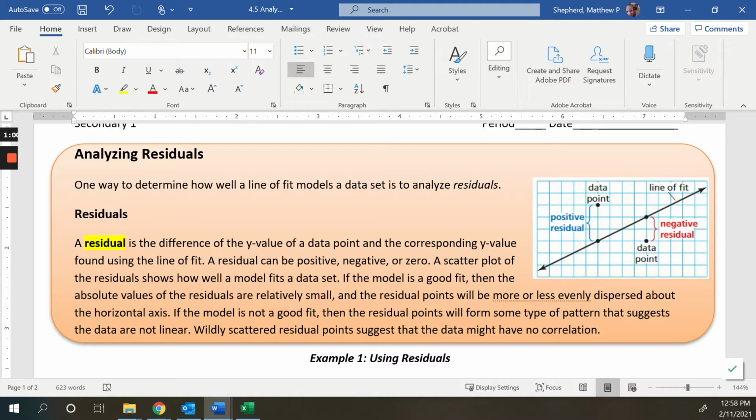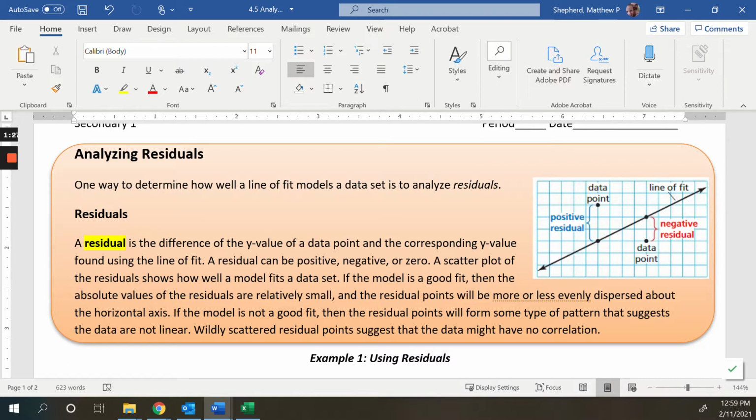Now, as we begin creating these trend lines, if we make a graph of the residuals, what we're looking for is that the residuals seem to be scattered and don't seem to have a pattern to them. If our residuals do seem to be scattered and don't seem to have a pattern, then great, the model you made works well.